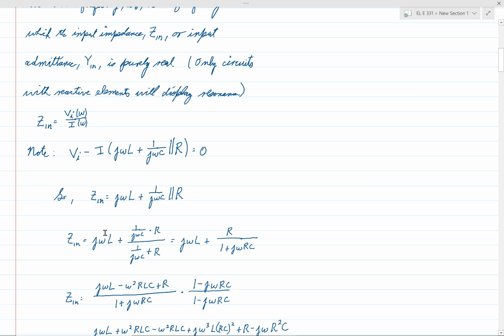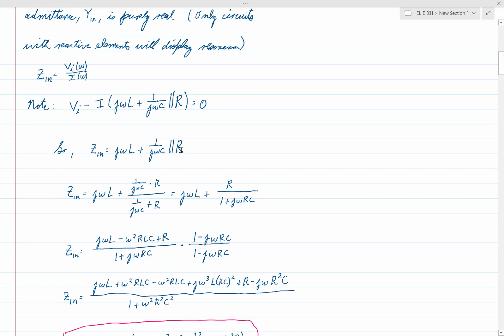Okay, so we just have to do a bit of work here. Remember that the formula for calculating the resistance, or excuse me, the impedance of two impedances in parallel is this. You have the impedance of one times the impedance of the other divided by the impedance of one plus the impedance of the other.